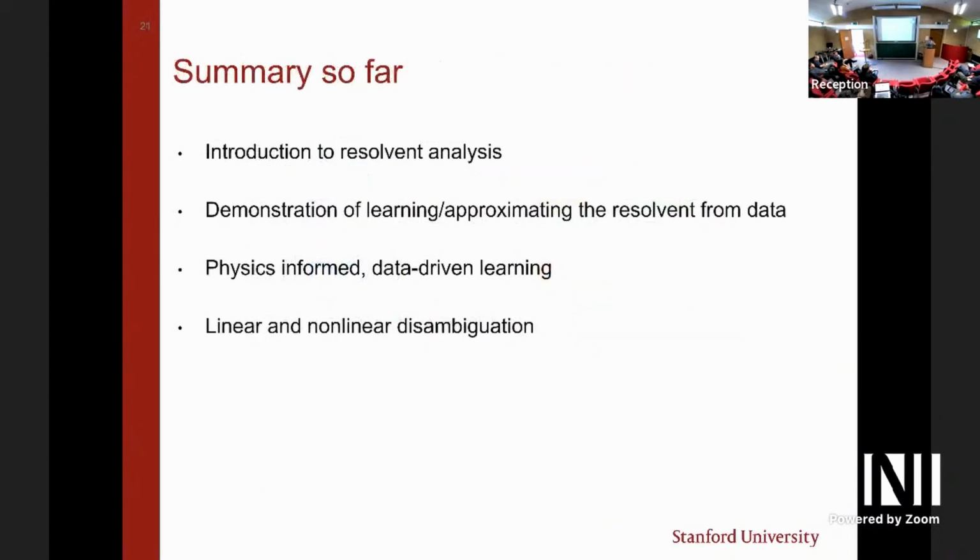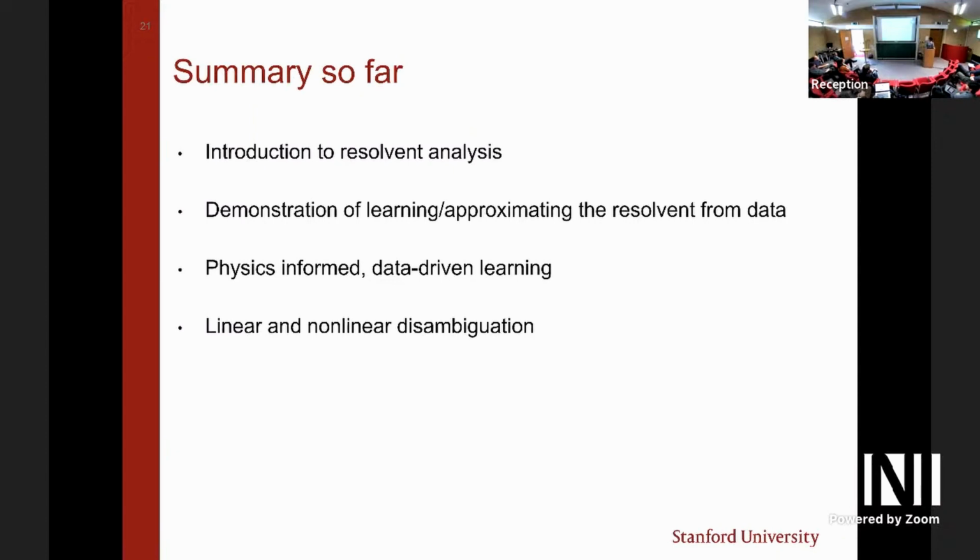Okay, so I'm about 40 minutes in, so summary so far. I've told you this way that we're interested in looking at these systems. We're interested in moving beyond the linear representation. So I explained the resolvent analysis. I've shown you how we are able to approximate that resolvent if we didn't know the governing equation.